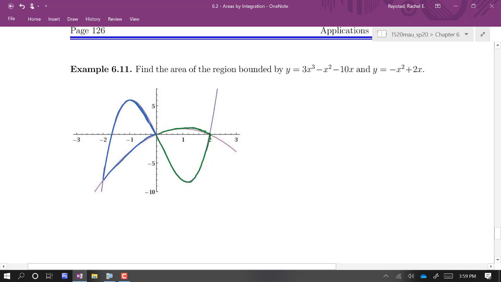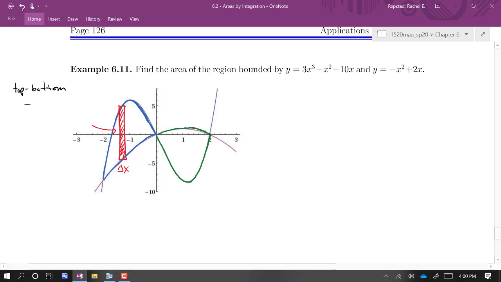Okay, so for either one of these areas, I think we could do the job with vertical rectangles. But a single vertical rectangle, a single integral won't evaluate this, because if I look on the left here, there's a delta x. On the left, top minus bottom is the cubic minus the quadratic.